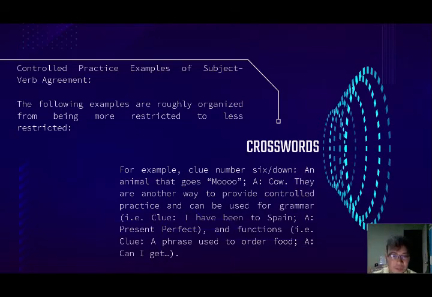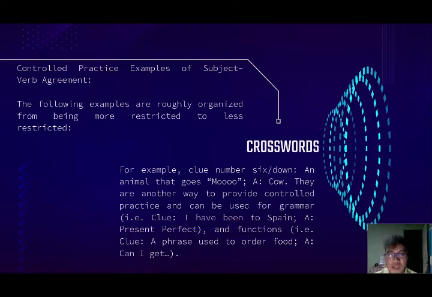For example, a clue, number 6 down: an animal that goes moo. The crossword is the usual type of exam that we use to test our students. It could be done in a group or by team, by pair, or individually.